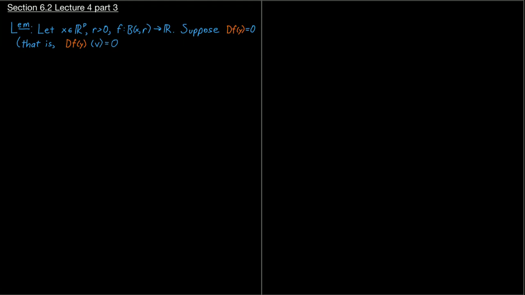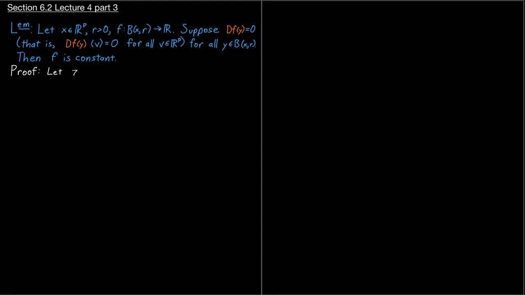If you feed in any vector v, it is 0, for all v in R^p, and this needs to be true for all y in our ball. Then f is constant. And let's write out the proof of this.